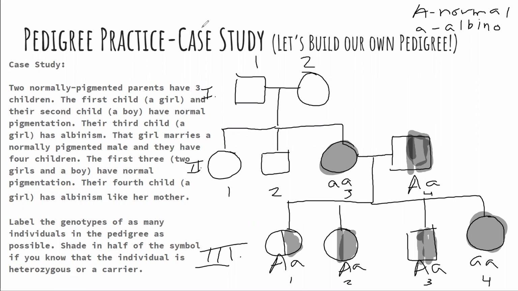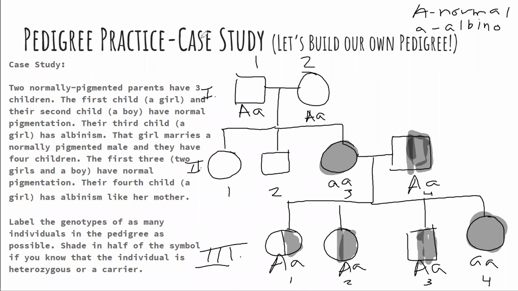And remember, she has to get 1 from her mom and 1 from her dad. So if her mom and her dad passed on recessive alleles to her, but they're not affected, that must mean they're what? Carriers. That must mean that they're carriers.